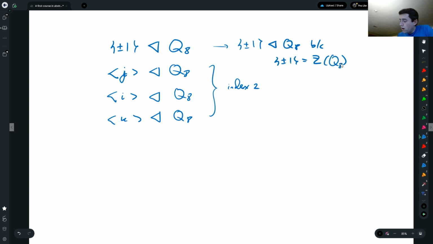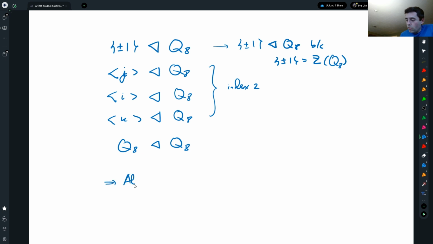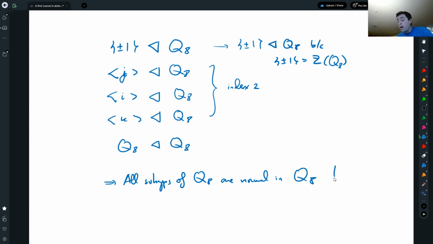And now, well, we also have that Q8 is normal in Q8. And if you remember, all the subgroups of Q8 are precisely these. So all subgroups of Q8 are normal in Q8 without Q8 being abelian.